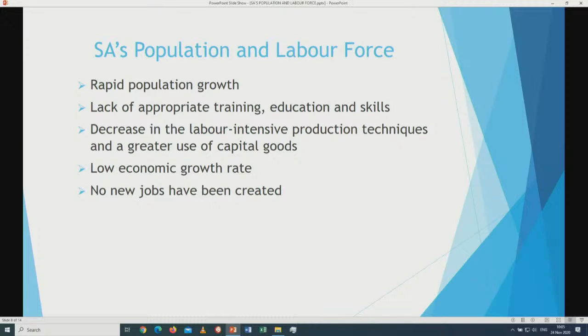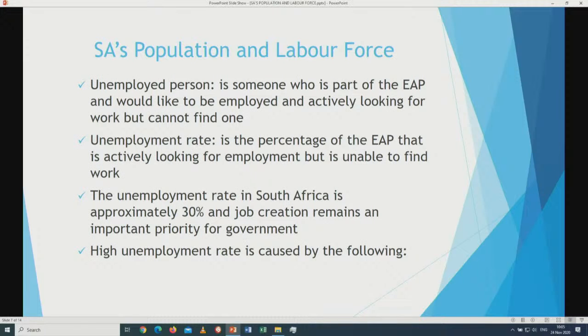Now, before we went for the break, we looked at some of the factors. Let's just look at some of these factors again. We looked at some of the factors that caused the unemployment rate in South Africa to be as high as it is now. And we said the unemployment rate in South Africa stands at about 30%.